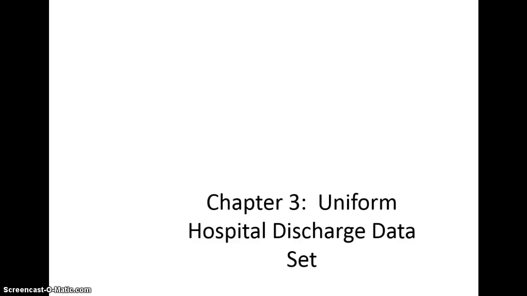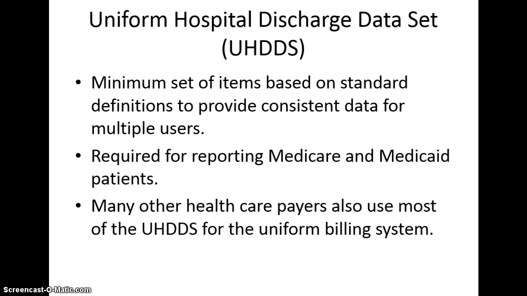Chapter 3 relates to the Uniform Hospital Discharge Data Set and will be broken into two parts. As we learned in HIT 101, the UHDDS is a data dictionary that was originally developed for hospital reporting of inpatient data elements. But the application of definitions has been expanded to include all other settings.